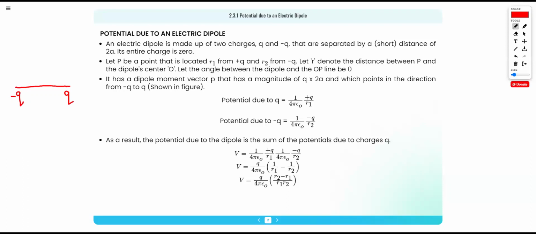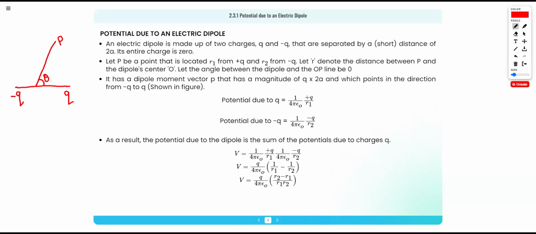Then we'll take a point P at an angle theta. We are considering P very far from this dipole.